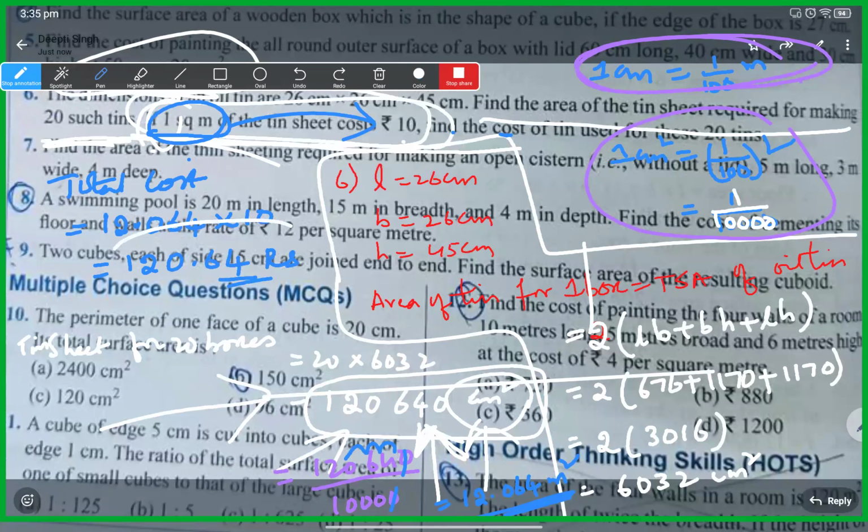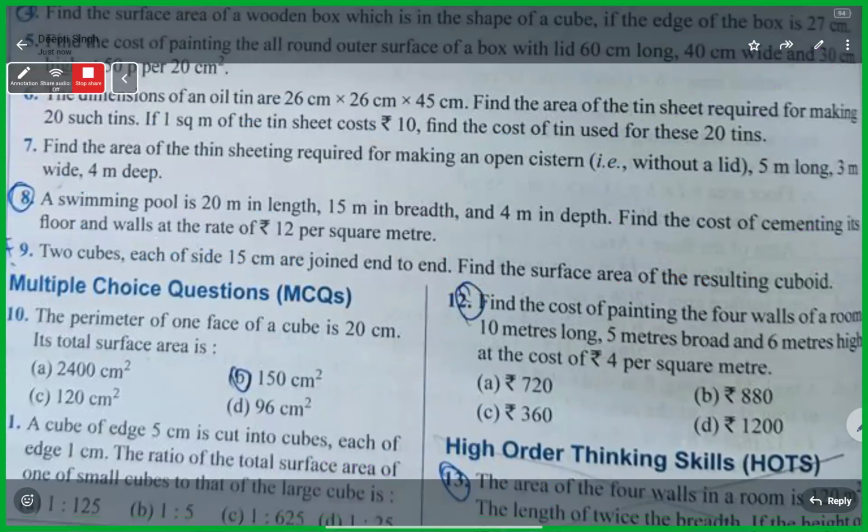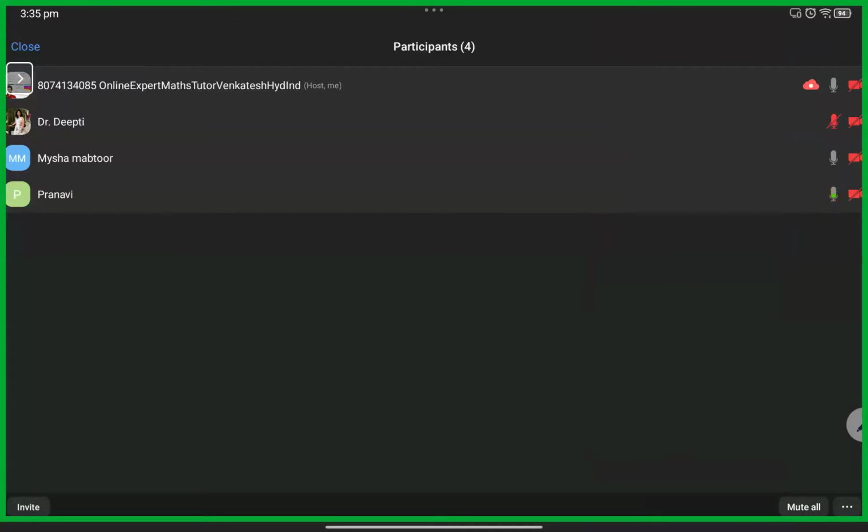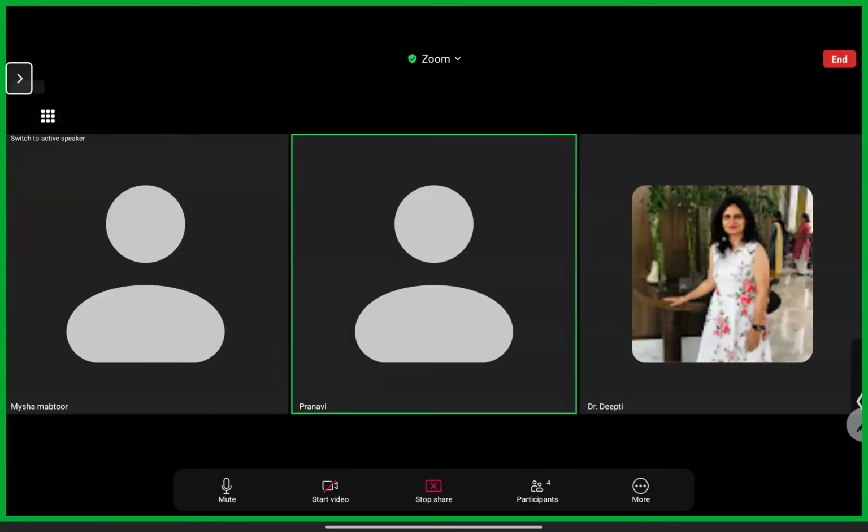Just for our confirmation, 12.064, one decimal it will shift right side into 10. So that's why. Anyone of you, just for our confirmation, check the back answer. They asked us to find the cost for 20 sheets also, right?